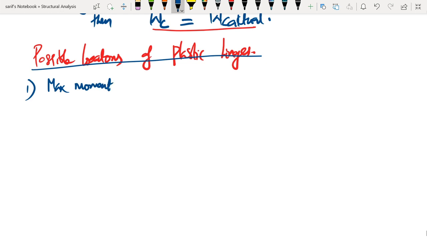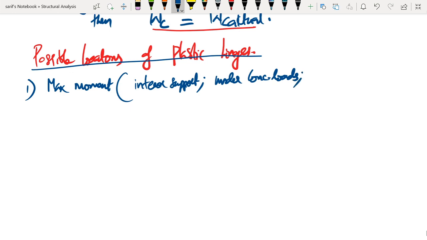So what are the points of maximum moment? One point can be interior support. Second one is, it can be under concentrated loads. Third one is, explicitly it can be a point of maximum moment. So these are the different points.